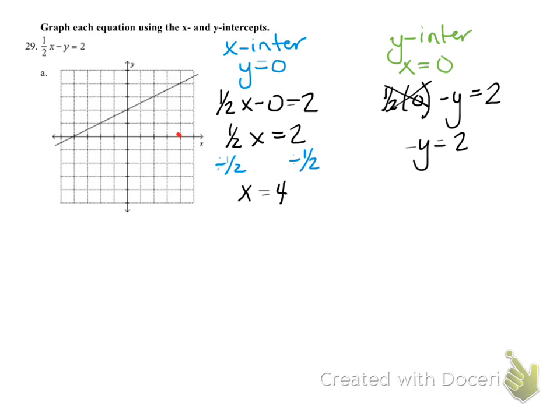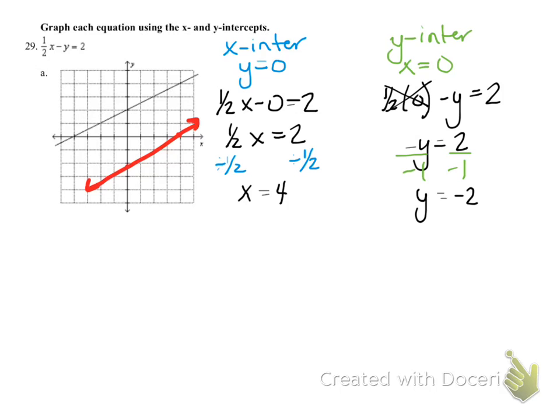We need to divide by a negative 1. And that'll give us that y equals negative 2. So the other intercept is at negative 2. And then we would have our line there. And I believe the answer on that one is going to be letter B. I couldn't fit all those graphs and still show you the work.